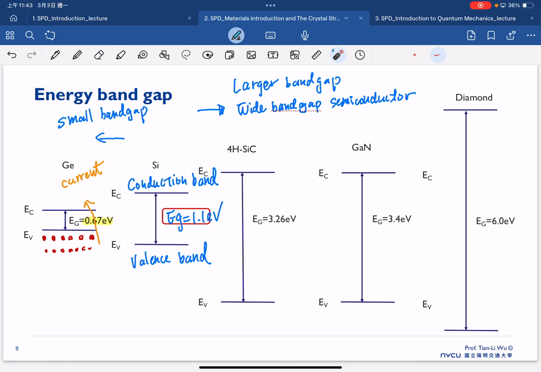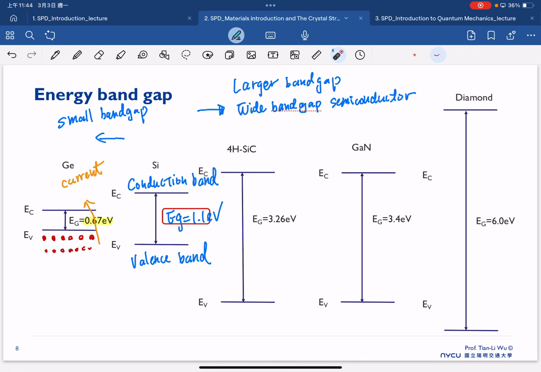Now you can start to foresee the smaller band gap. That means electrons more easily jump across this region and reach the other side. So we can always expect that a smaller band gap always means higher leakage current.